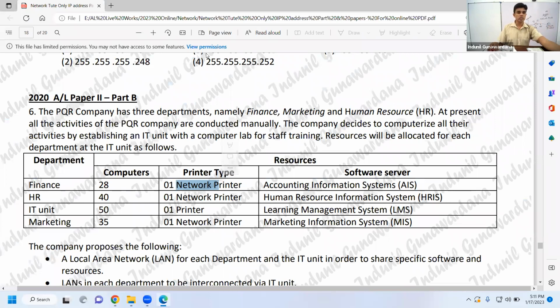So in this first network, that means the finance department, there are altogether 29, right? With this, 29 IP addresses have to be there. Also, there's a server called the accounting server. With that, we can say that we need to have 30 altogether. One more IP address for this one as well. Right. Now that's the idea behind this.